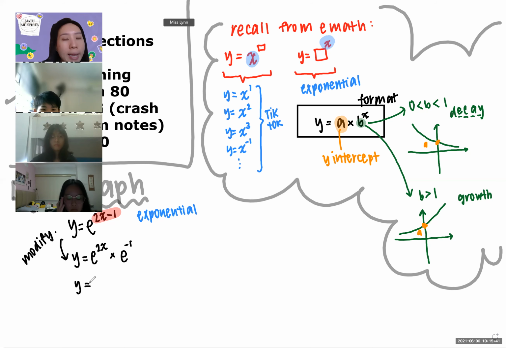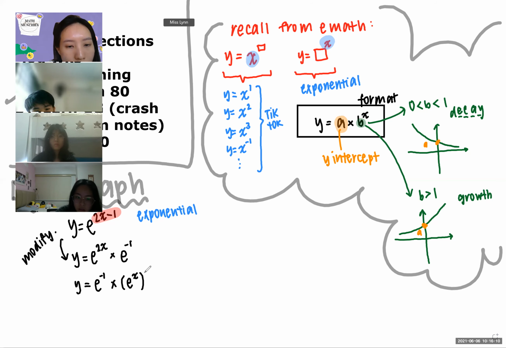It needs to be the form of a times b to the power of x, but right now it's still not in that form yet. e to the power of negative 1 times... Do I have to take out the 2? You also can. You can try. Then open bracket e to the power of x close bracket to the power of 2.